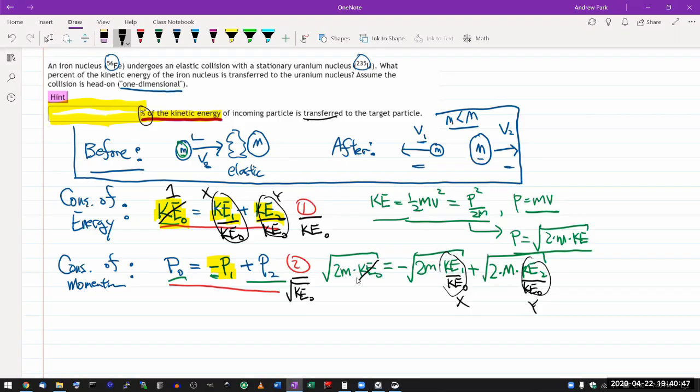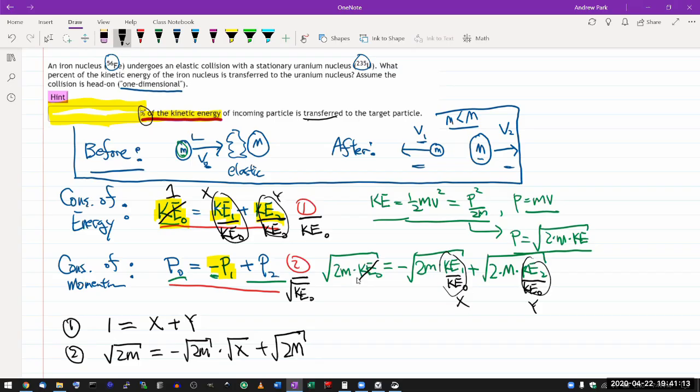So let me write down the cleaned up equations here. Equation 1 is 1 equals x plus y. And equation 2 is the square root of 2m equals minus the square root of 2m times the square root of x plus the square root of 2 big M times the square root of y.